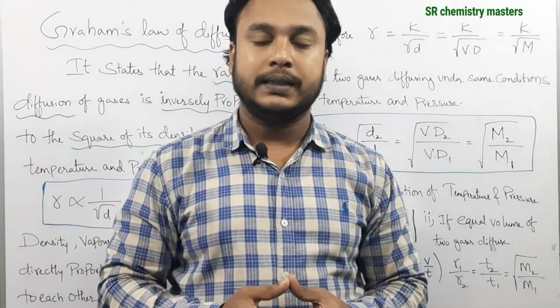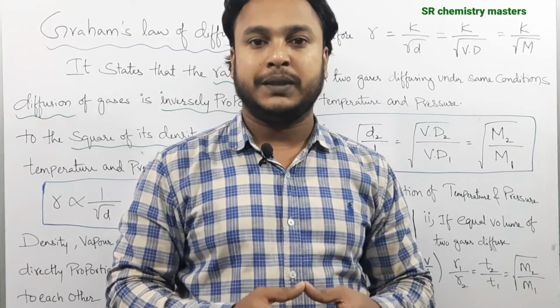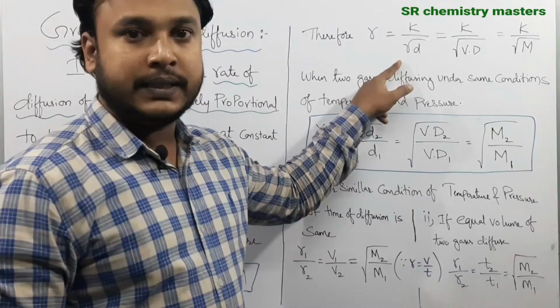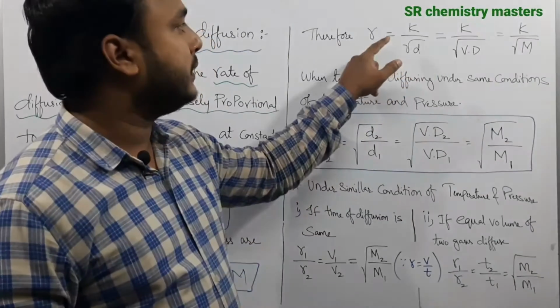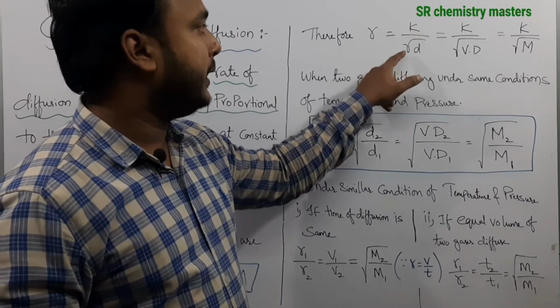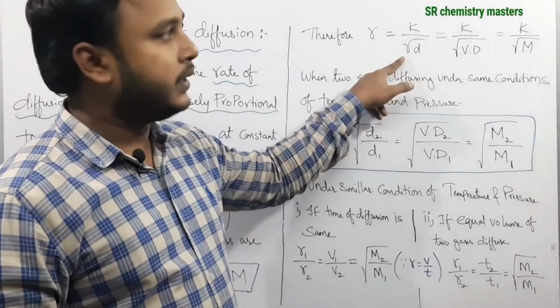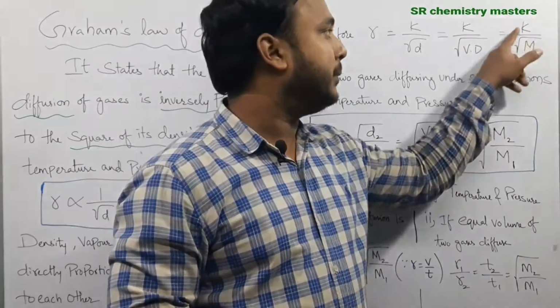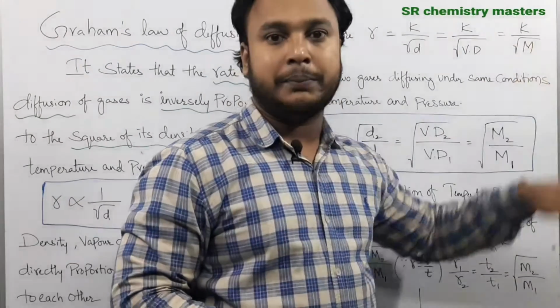As you know that density is directly proportional to vapor density and molar mass, then you can say that the rate of diffusion of a gas is equal to K by square root of density, or K by square root of vapor density, or K by square root of molar mass.